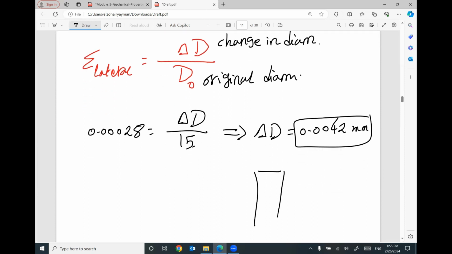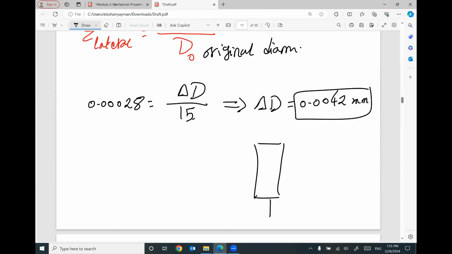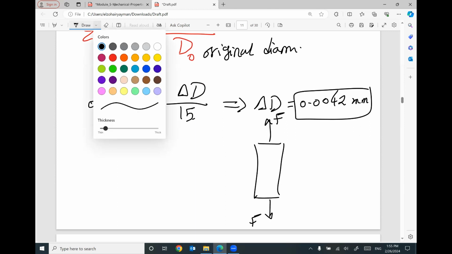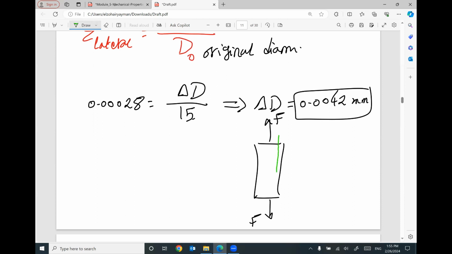So we have a change in the diameter, looks like a reduction in the diameter. Keep in your mind, this is the rod, and we have applied force F here, and another applied force F here. This member will be stretched like this. At the same time, the diameter will be reduced by 0.0042. This is the change in the diameter.